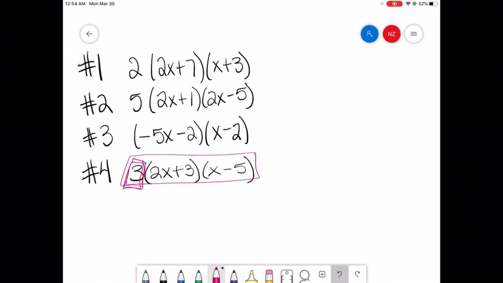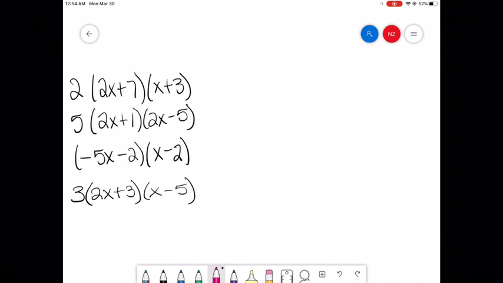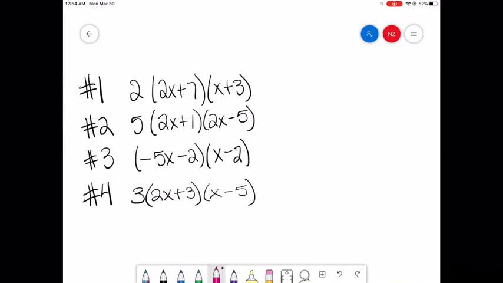Another thing that I want to point out is maybe your answers look a little bit different, but they're still right. So you can write this the reversal way. Let's say you have 2 in front. If you have a number, a constant, you want to put that in front, but you can reverse these. So let's say you have x plus 3 and 2x plus 7. You can write those like that.